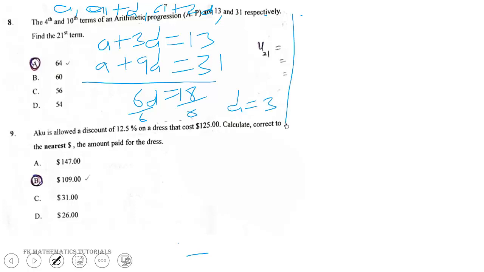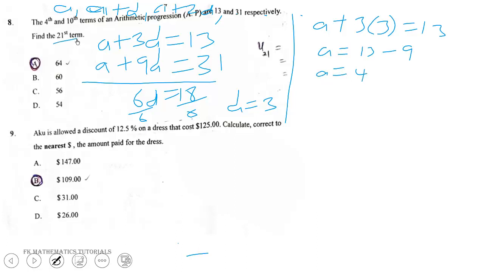If d is 3, we can find the value of a by putting 3 into one of the equations. So using the first one, a plus 3 times 3 is equal to 13. So a will be equal to 13 minus 9, which is 4. So the first term is 4.